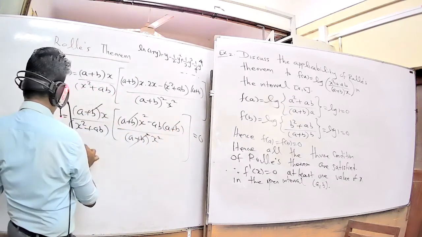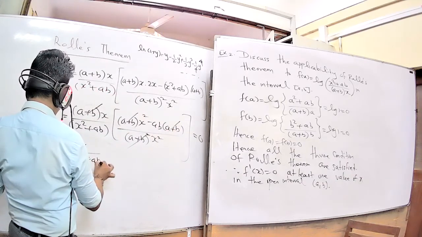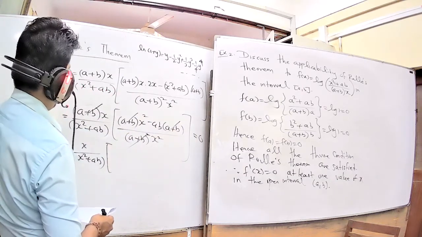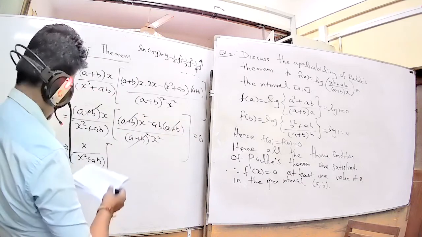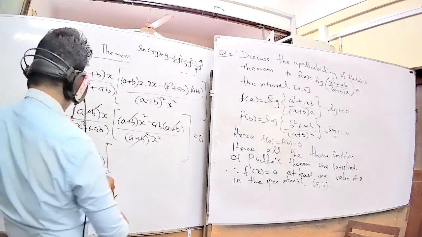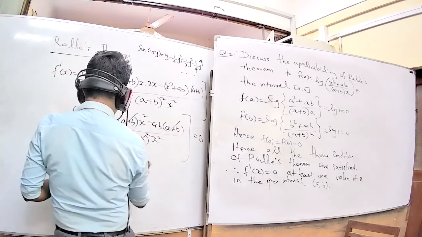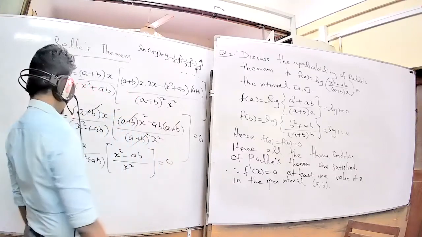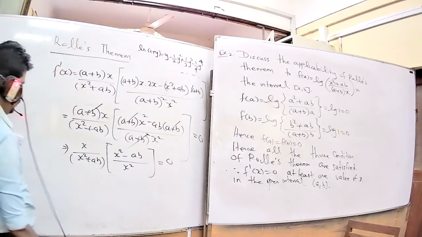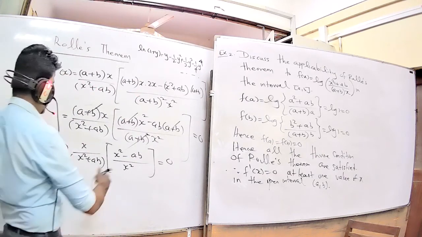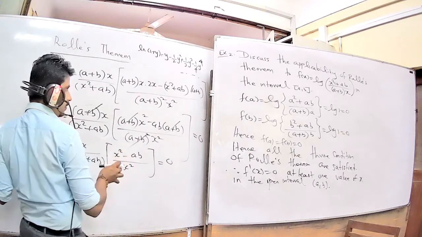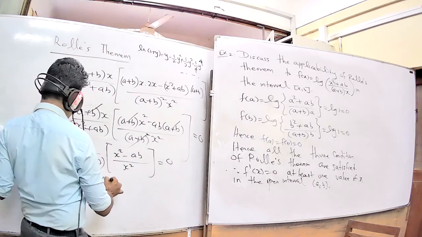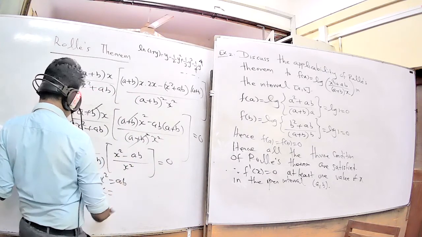So you have x squared equals ab. Since a and b are non-zero, x squared is non-zero, and a positive term.